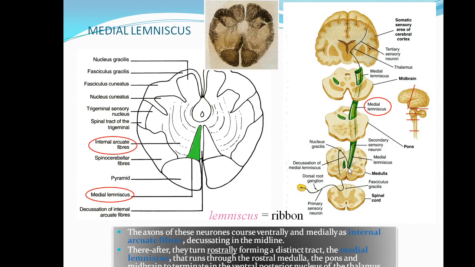These are the internal arcuate fibers that decussate here, and after decussation, they ascend as the medial lemniscus through the pons and midbrain to reach the thalamus, the ventral posterolateral nucleus. From here, you can see the thalamic radiations pass to the somatic sensory area of the cerebral cortex.